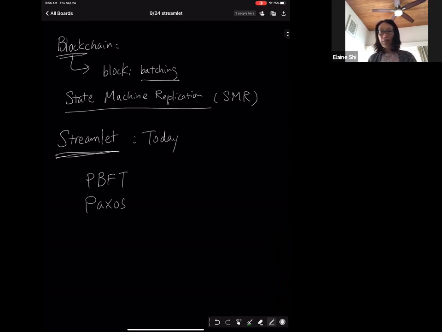And for a long time, such state machine replication protocols are known to be quite complex and difficult to understand. So in particular, there has been a line of work that's just focused on making these protocols simpler, right? And there are well-known works like Paxos Made Simple, the ABCDs of Paxos, RAFT.